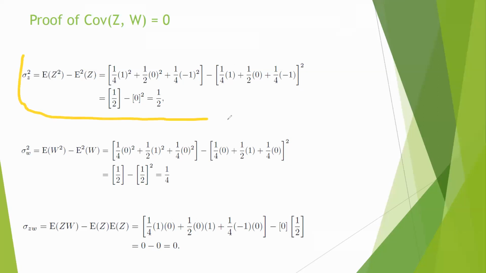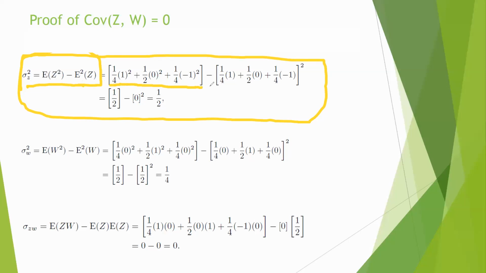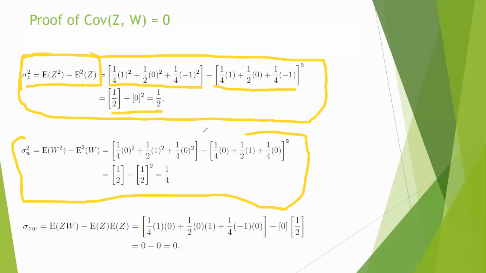So this is how you need to do it, right? So for an F2 population, if P1 equals P2 equals 1/2, the two allele frequencies are equal to 0.5, then how do we calculate the variance of the Z random variable? So this is how we calculate this. Any questions here? So this is how we calculate the variance for the W random variable.